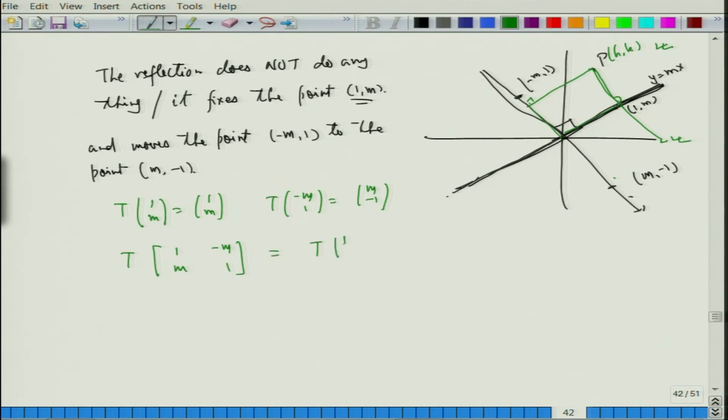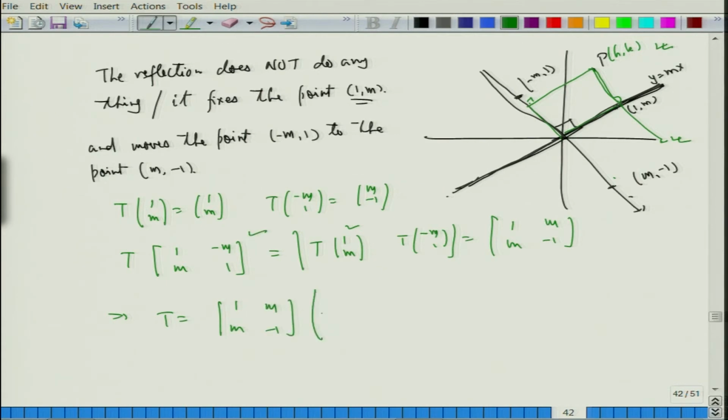T of (1, m) remains as it is, and T of (-m, 1) becomes (m, -1). This implies that T equals the matrix [1 m; m -1] times the inverse of [1 -m; m 1]. So, what is the inverse of this?